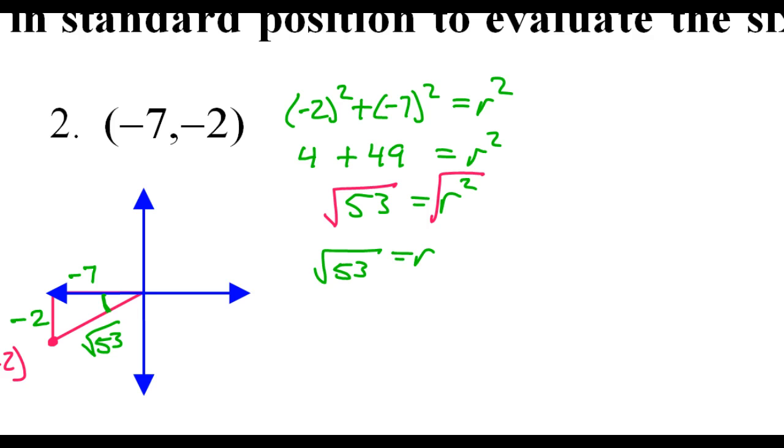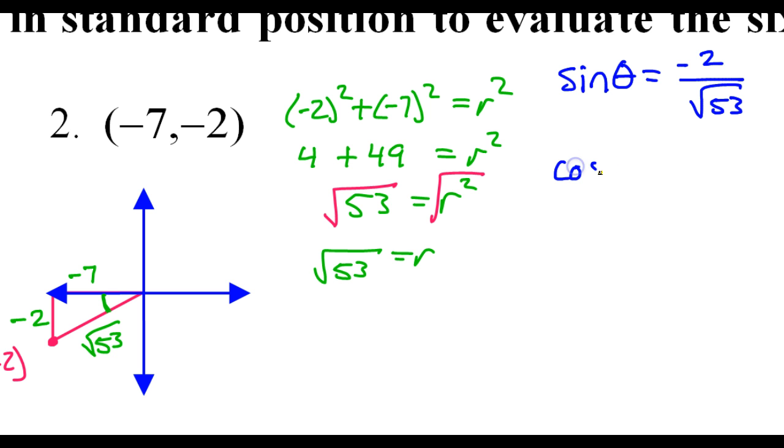If I leave myself room over here. Okay, so sine of theta from this angle is going to be opposite over hypotenuse, so that's going to be negative 2 over radical 53.